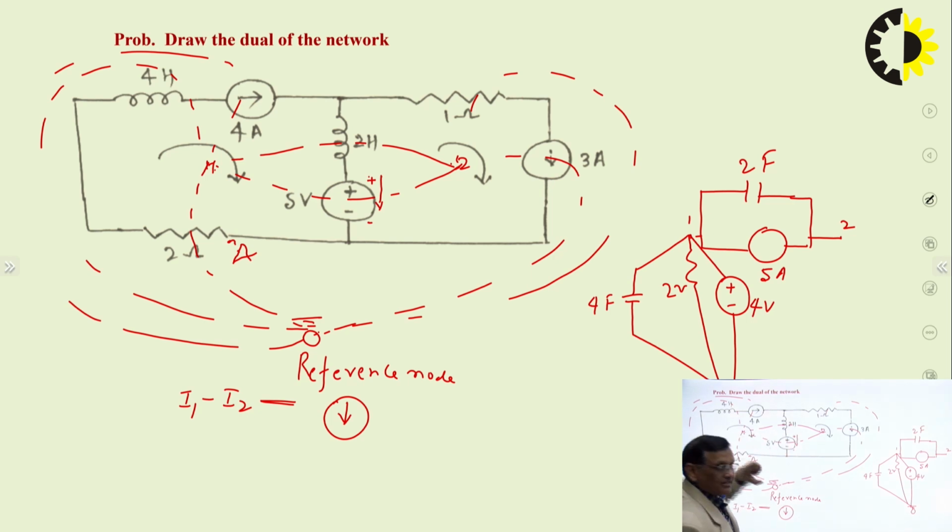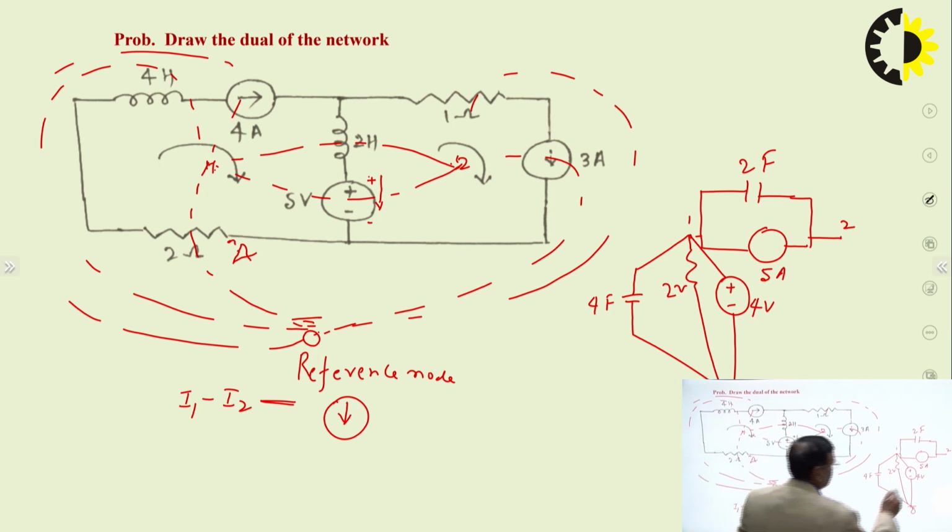So the direction of this I1 minus I2 is opposite to the polarity of the voltage source. In that case the direction of the current source in the dual network will be away from the node. Away from which node? The node having the greater current. This mesh has I1 and I1 is greater than I2. So it will be away from this. So it will be like this.